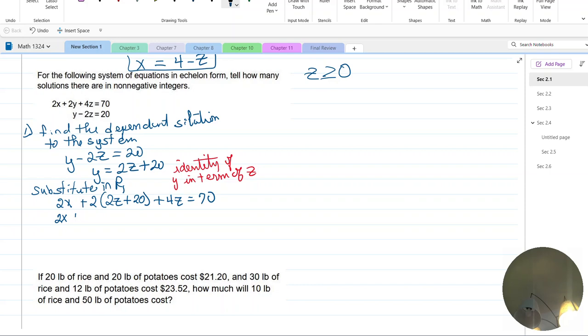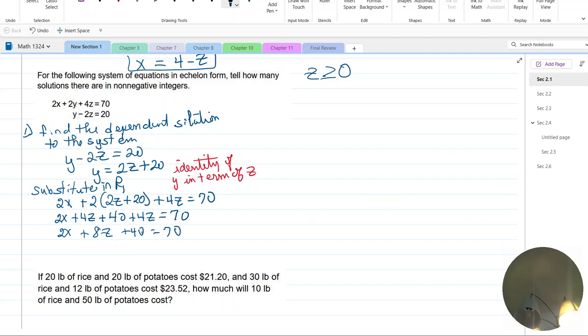2x plus 4z plus 40 plus 4z equals 70. All right, I'm going to combine like terms. 2x plus 8z plus 40 equals 70.